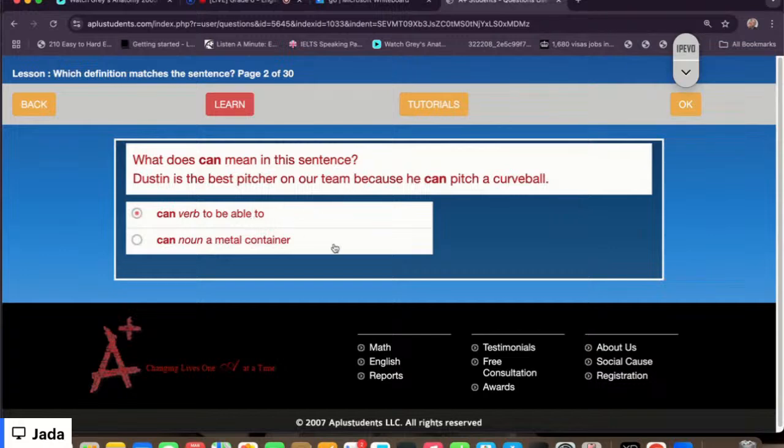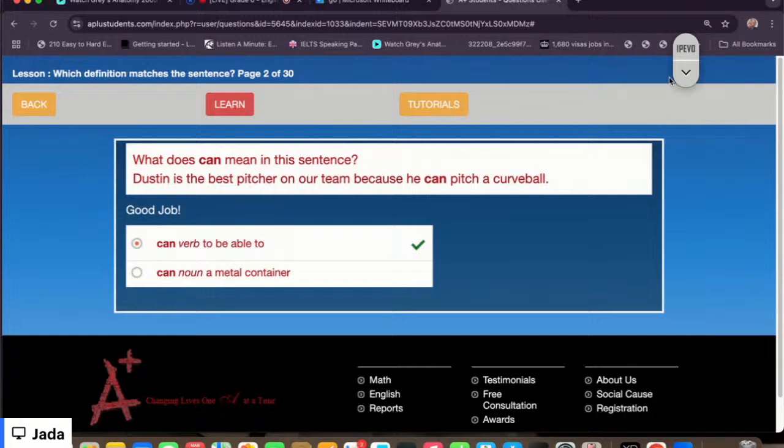All right, so can will be what? To be able to, the verb.